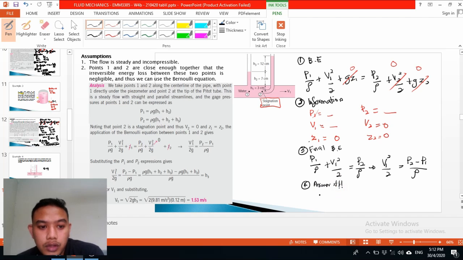Okay, so here we know that in order to answer this one, P1, the pressure at point 1, is from here to here, so it will relate with rho G H. So it will be rho G and H. In this case, H is H1 plus H2.